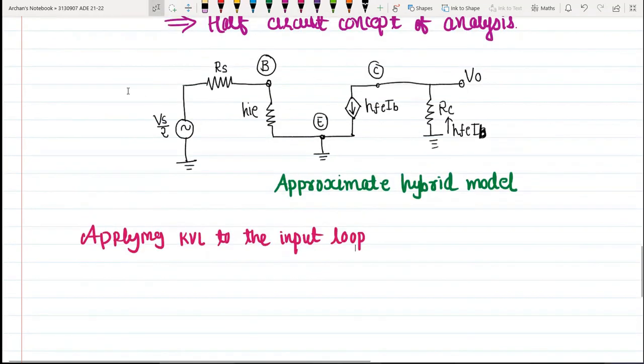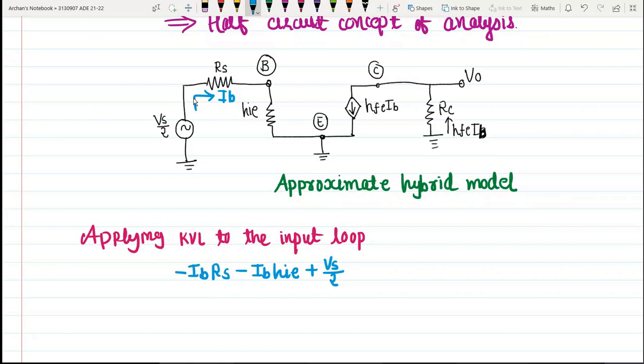There will be a flow of current IB like this, so there will be a drop across this resistance RS, IB. It is called IBRS. So minus IBRS minus IBHIE plus Vs by 2 equal to 0. Okay, so this is the equation which we are getting.